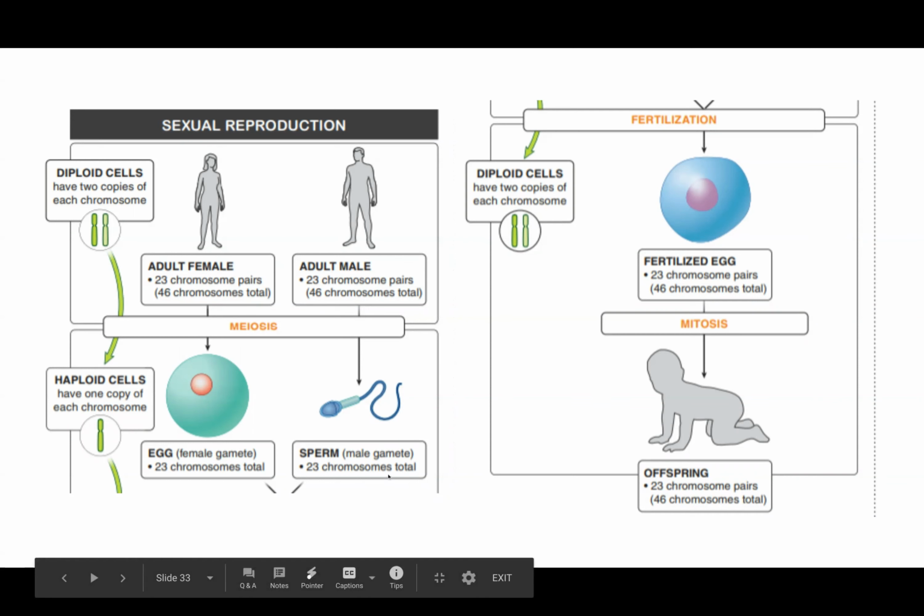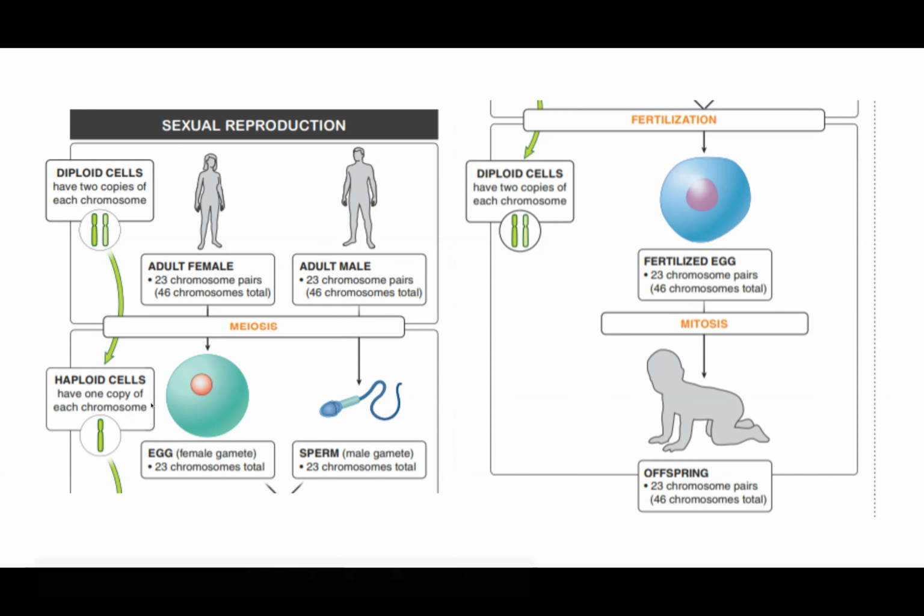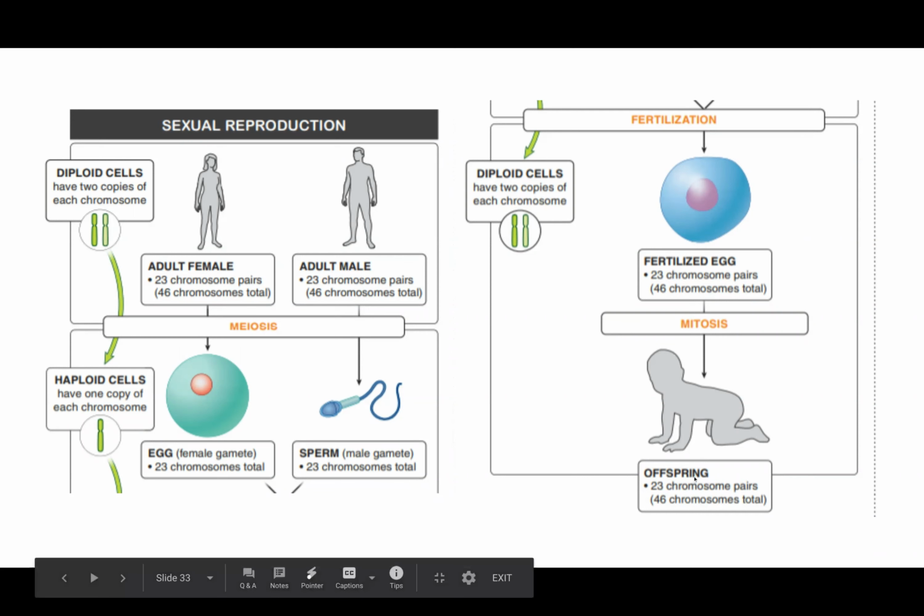As I'm sure you all know, making a baby requires a sperm to fertilize an egg. Once you fertilize that egg, you produce a diploid cell, meaning the fertilized egg, which is also called a zygote, now has 23 pairs of chromosomes. Once you fertilize this egg, you go through a process called mitosis to make more copies of this cell.